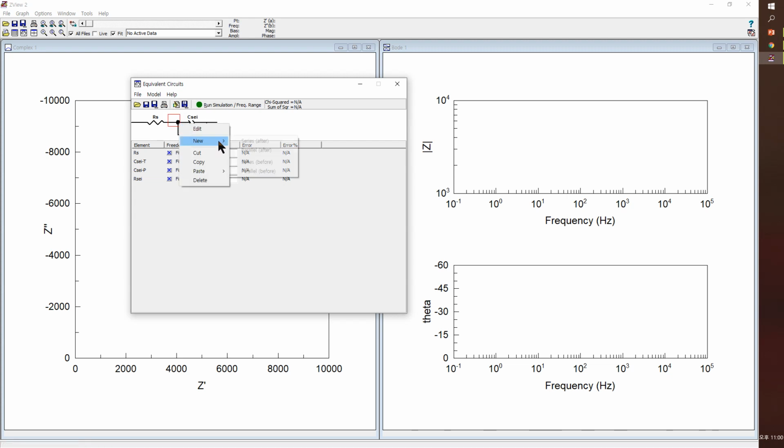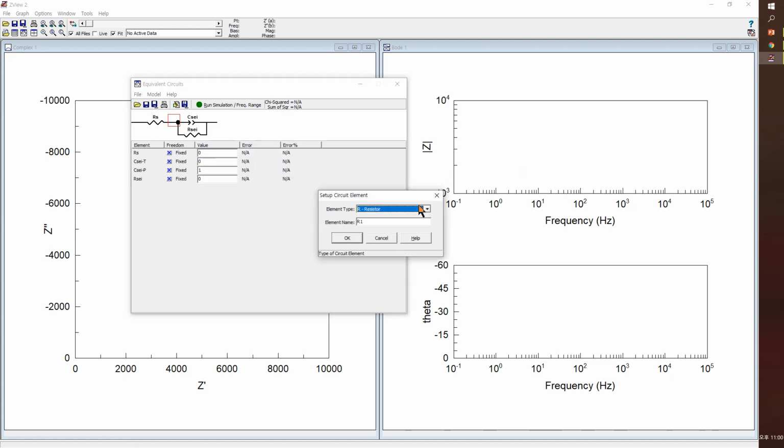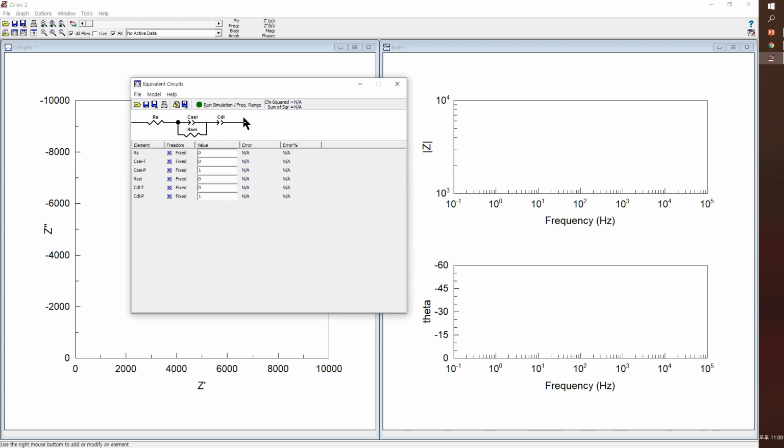So please add a new series after, then another capacitor, but instead of capacitor, please use the CPE, and this is, let me say, CDL, double layer capacitor.